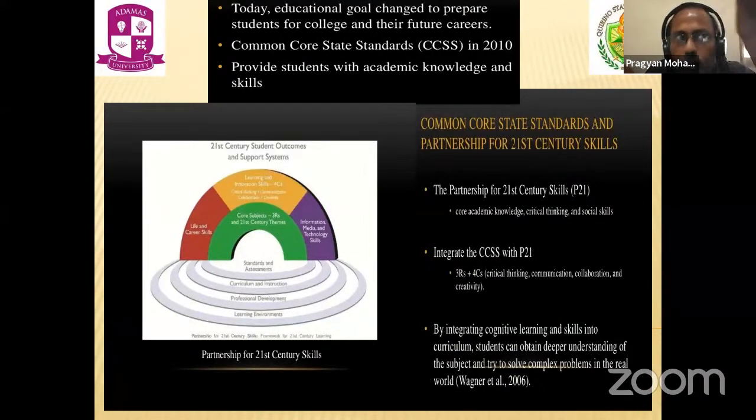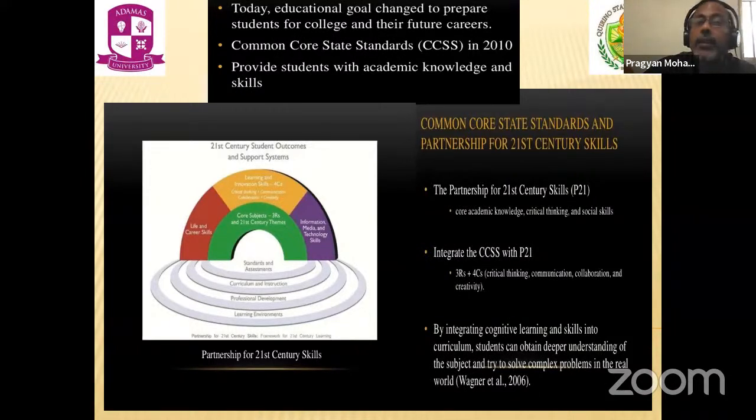That means the curriculum was focused on making the student ready to properly read something, write something properly, and also have logical calculation. That was the fixed three aspects in the Common Core Standards, that was in the traditional curriculum, as well as introduced in the 21st century curriculum also.